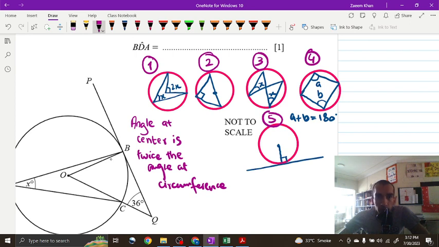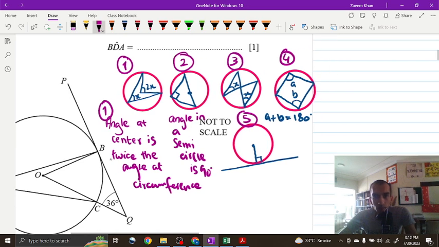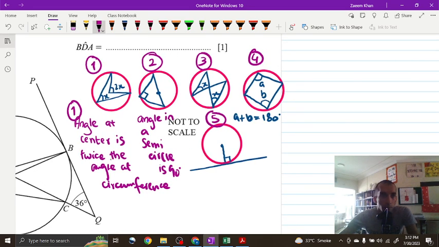Do you know what this property refers to? Number 2: angle in a semicircle is always 90 degrees. Perfect. Third: angles in the same segment are equal.